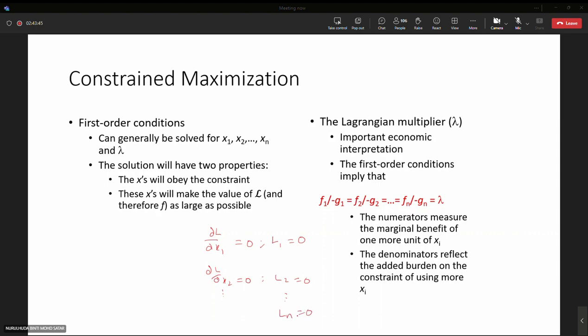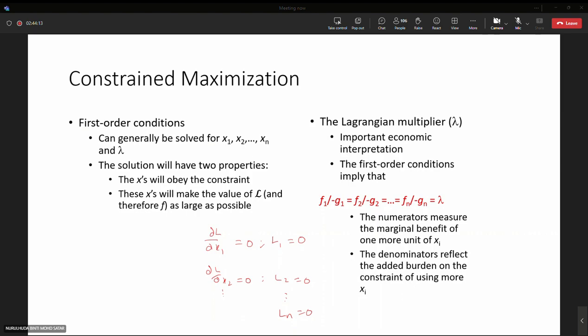Some students ask me which notation they should use. I just say that it's up to you. If you are comfortable with dL/dx1, then use it. If it's L with subscript 1, then use it. Or some students use F, like F prime 1, something like that, right? So it's up to you, whichever you are comfortable with.